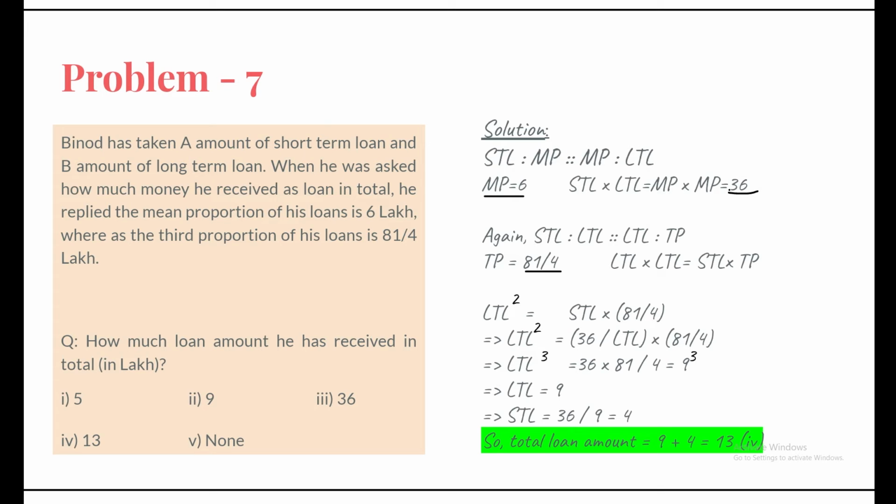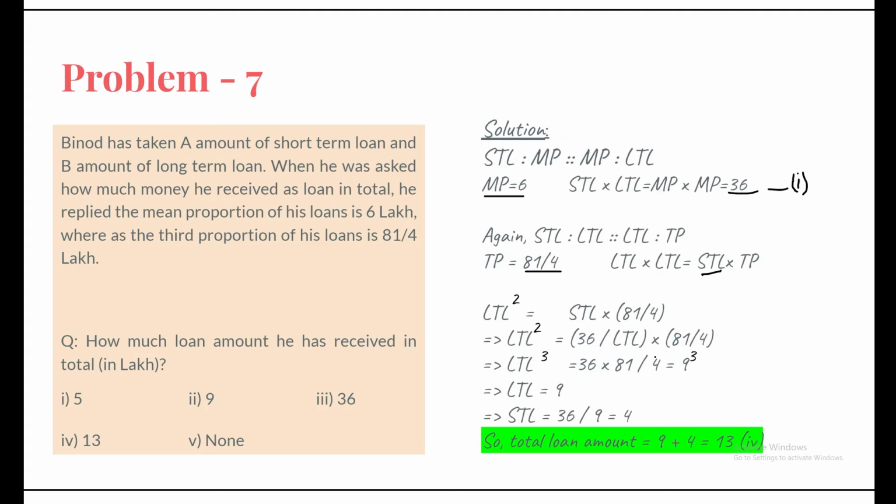So now if we put the value of the third proportion and short-term loan from equation 1, we get LTL square is equal to 36 by LTL into 81 by 4. Now if we cross multiply LTL here, we get long-term loan cube is equal to 36 into 81 by 4.